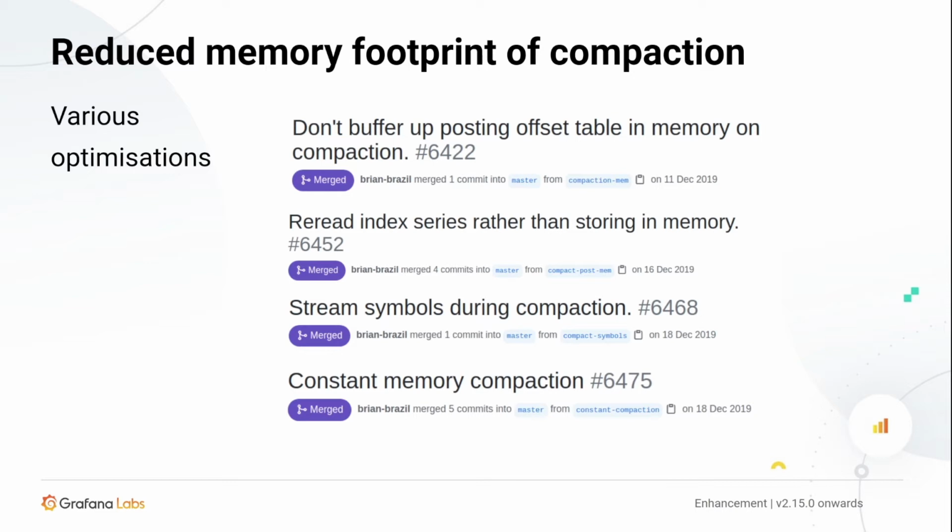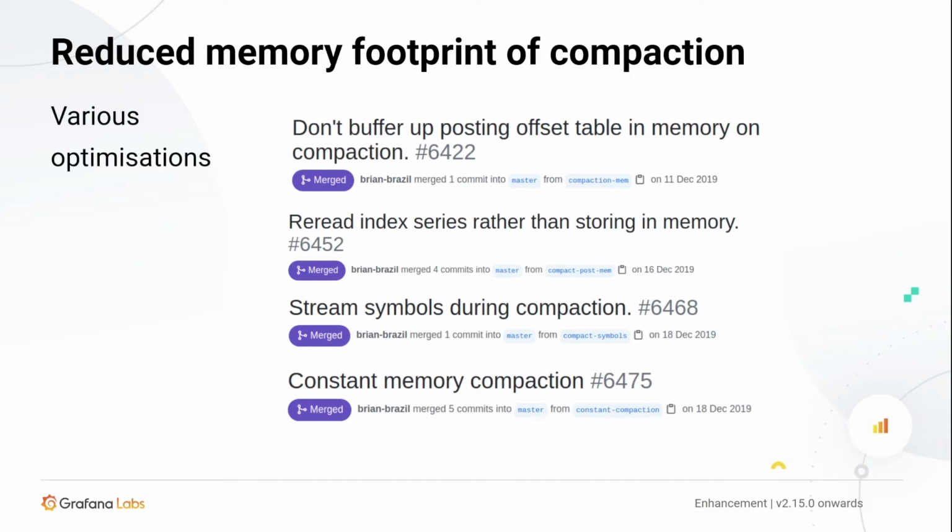Basically, the whole idea of all these optimizations is don't store it in the memory, reread it from the disk whenever possible. This makes the compaction slower, obviously, but it's a background process, so it's fine. But it actually makes the compaction process constant memory.